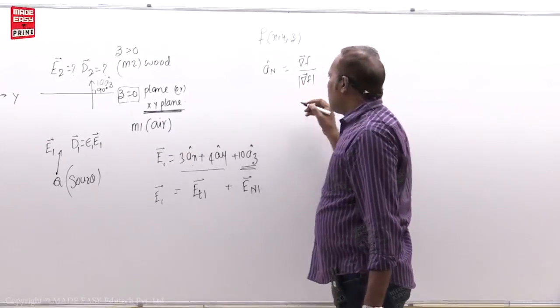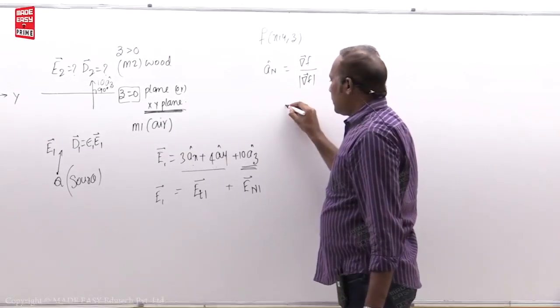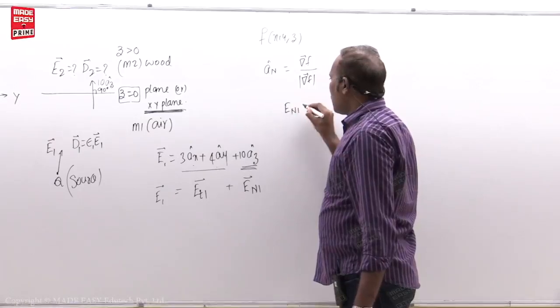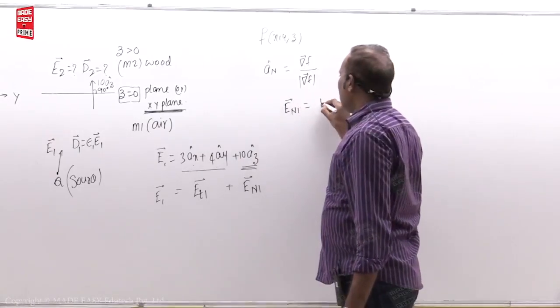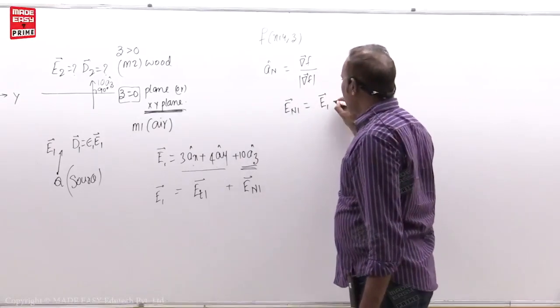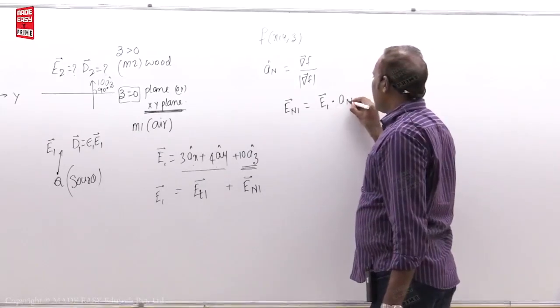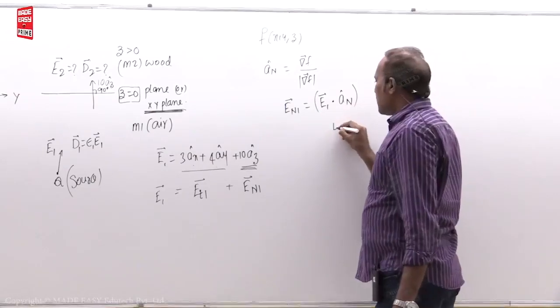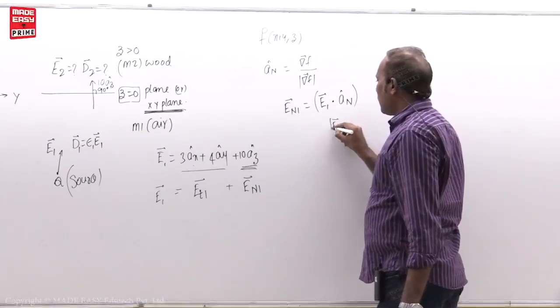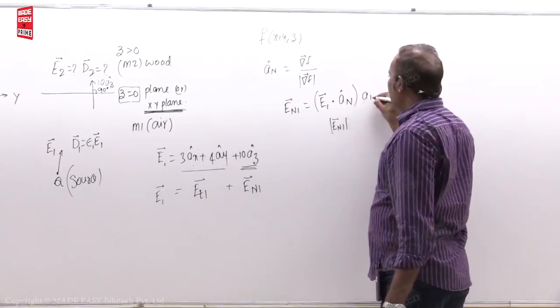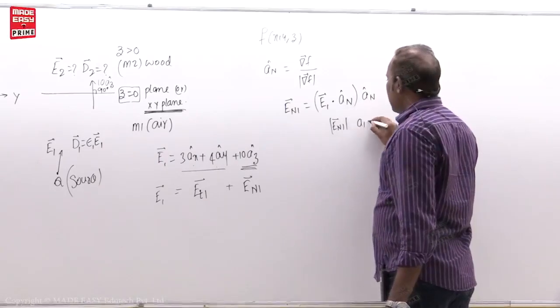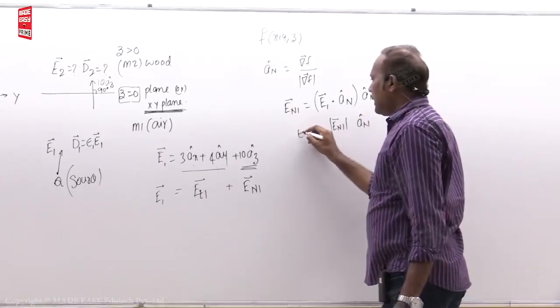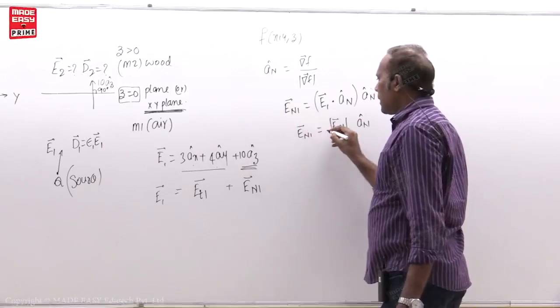Now if you want En1 bar, you take the electric field vector in medium 1 and take the dot product with an cap. The dot product gives a scalar, the magnitude of En1. Then multiply again with an cap, and you get the vector En1 bar, the normal component.